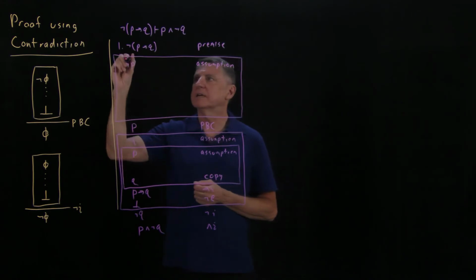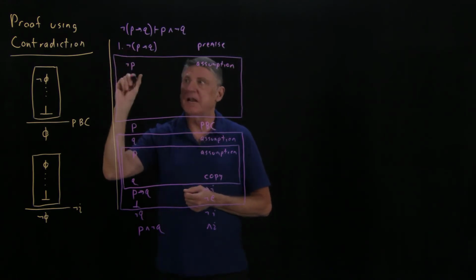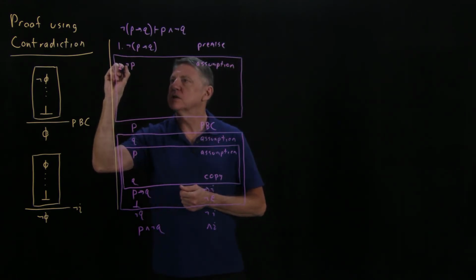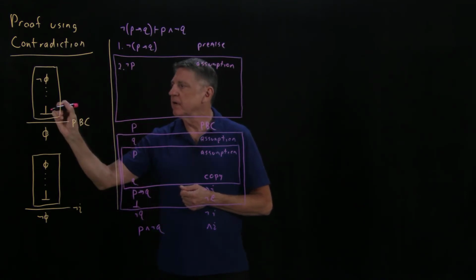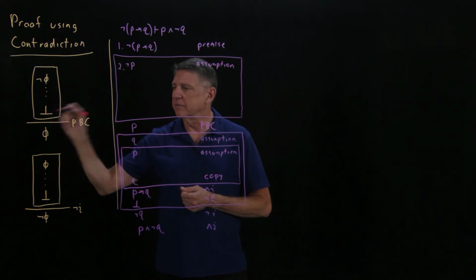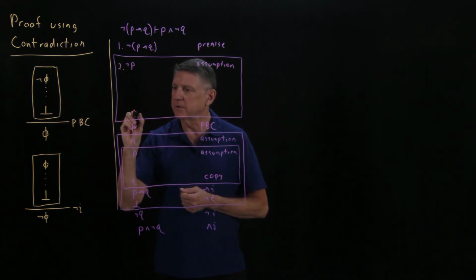And now, because I've run up against the premise, I can actually begin the process of numbering the lines in my proof. And then I write the bottom line of the box, the lowest line of the box, which in this case is the bottom symbol.